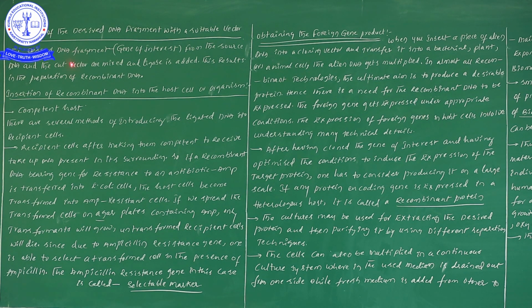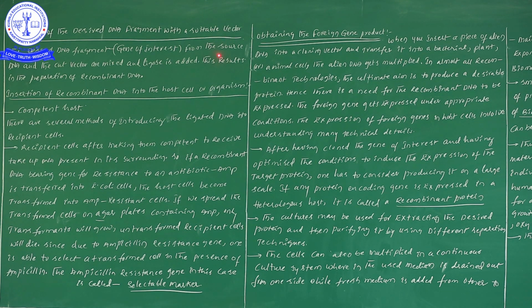Now, the desired DNA fragment means which one? The gene of interest. The desired DNA fragment is the gene of interest from the source DNA. From where? From the source DNA, that is, from where we have obtained it. We cut the vector, and they are mixed, and ligase is added.